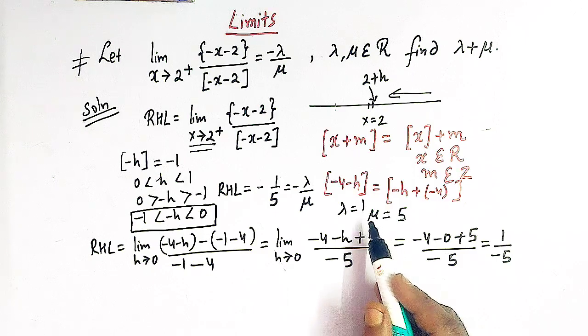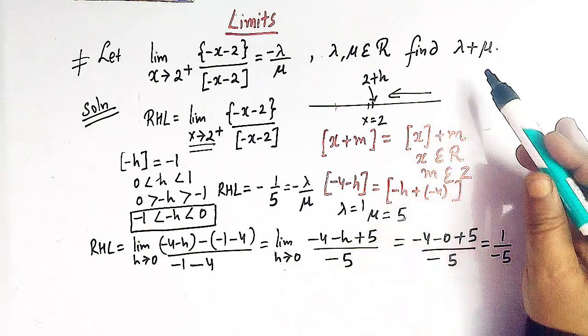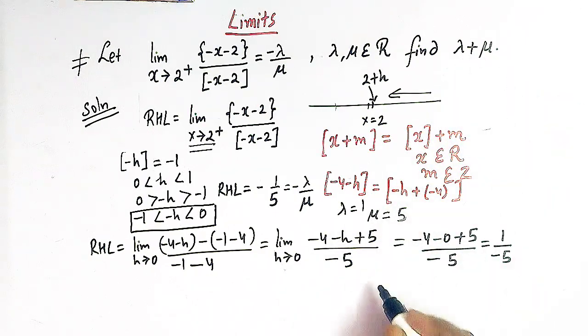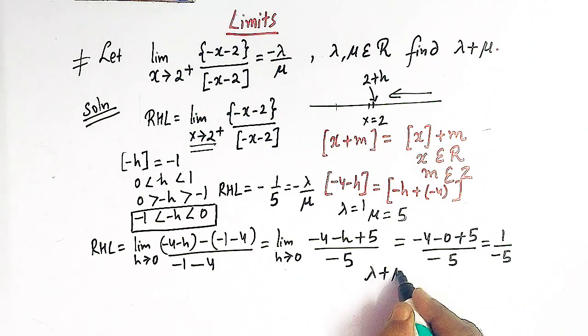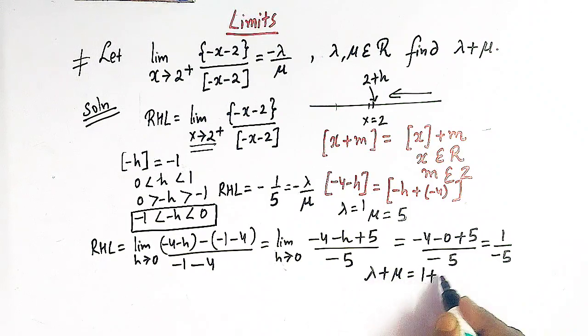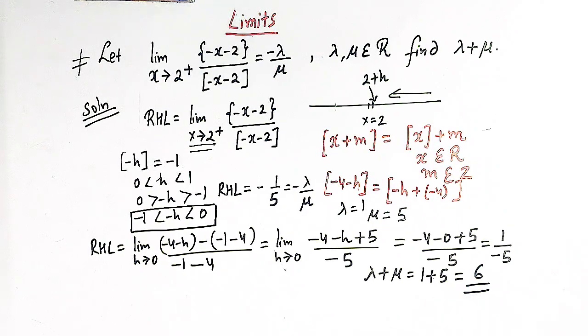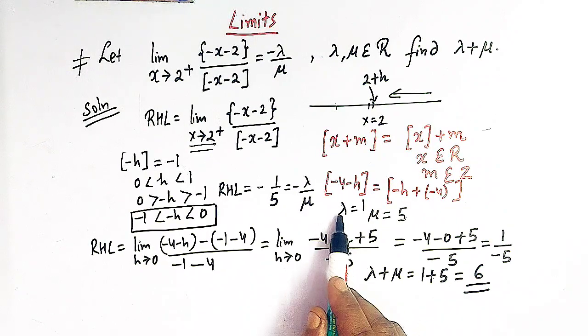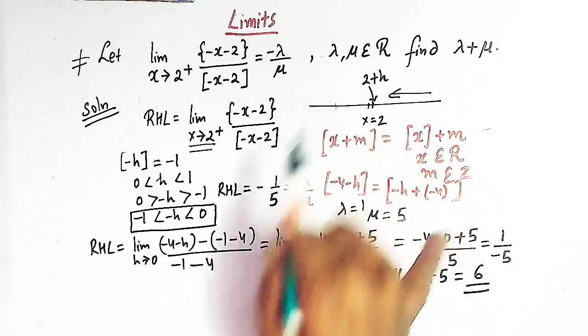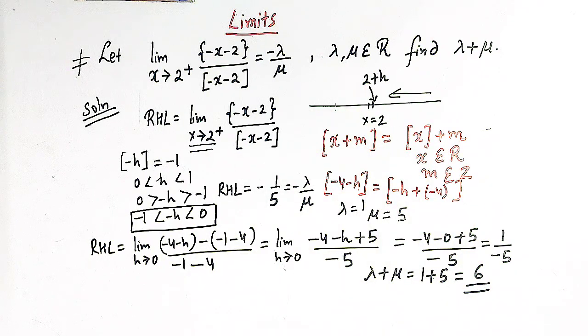Now we have to find the value of lambda plus mu, which is 1 plus 5, that is equal to 6. And obviously lambda and mu belong to the set of real numbers. So this is how, by making use of the concept of the fractional part function and the greatest integer function, we can solve these types of problems.